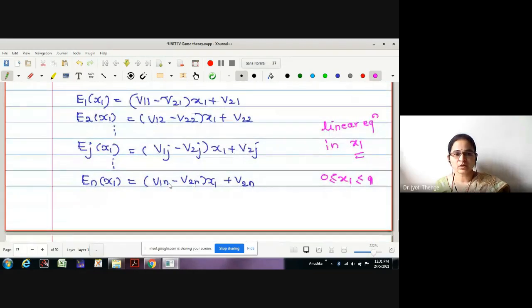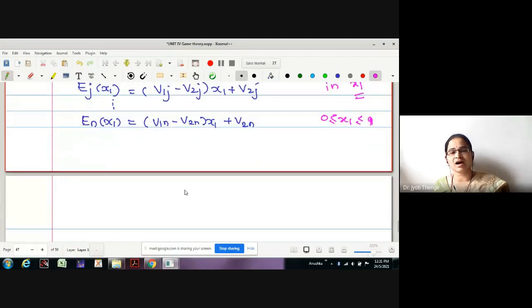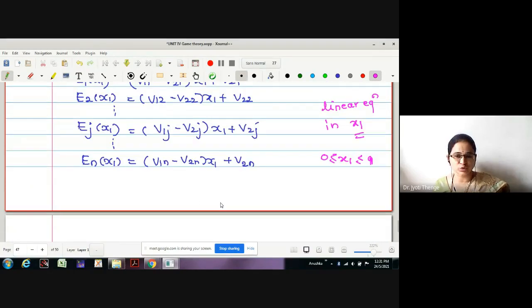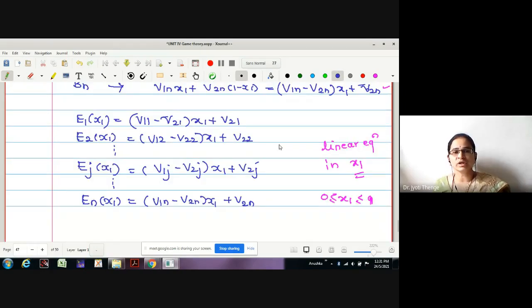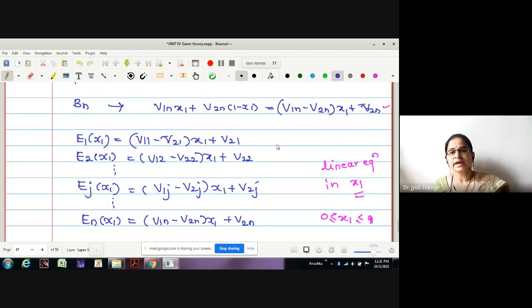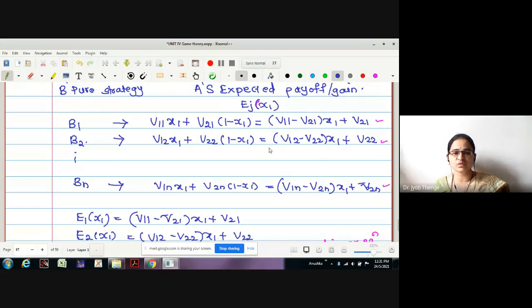Now the idea was introduced to plot it on graph paper between two different axes, axis x1 equal to 0 and axis x1 equal to 1. I will show you in detail how to plot it. Before plotting, let us check what these expectation values give us if I put x1 equal to 0 and x1 equal to 1.